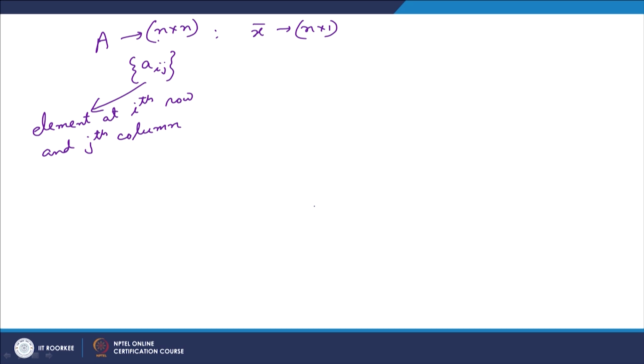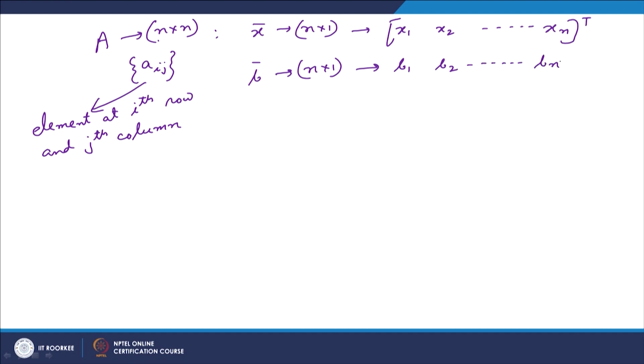And x is the n cross 1 vector x1, x2, to xn transpose, and B is also an n cross 1 vector, given as b1, b2 to bn transpose. This T stands for transpose.